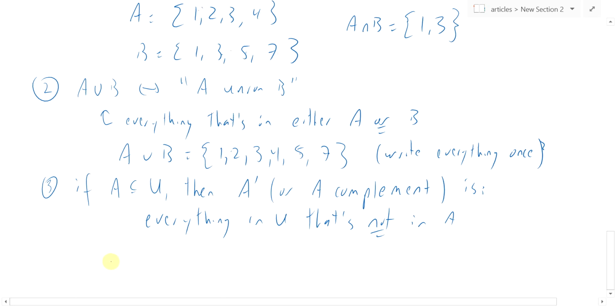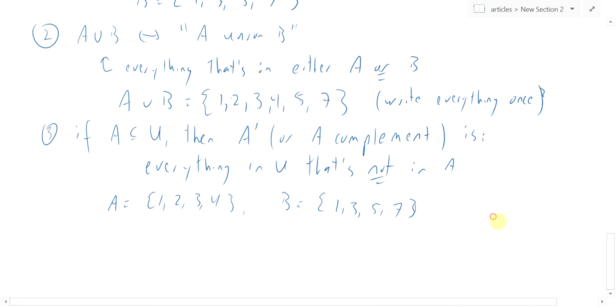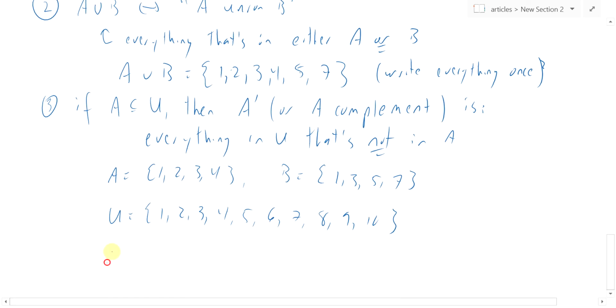So we'll keep A as 1, 2, 3, 4. We'll keep B as 1, 3, 5, 7. And we'll set U to be the set 1, 2, 3, 4, 5, 6, 7, 8, 9, 10. That's all the numbers from 1 to 10. So what's A complement?